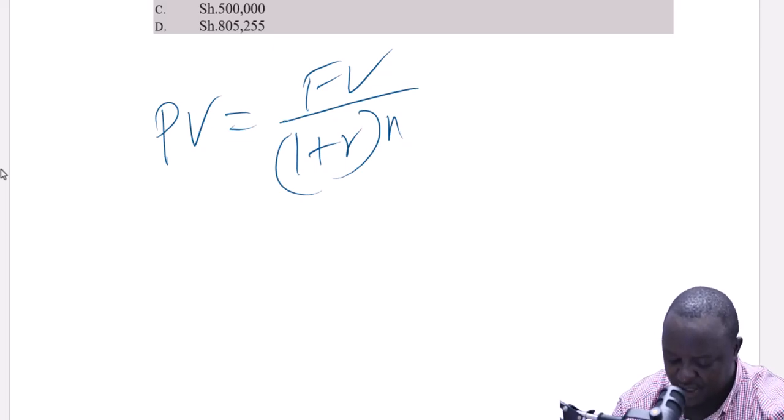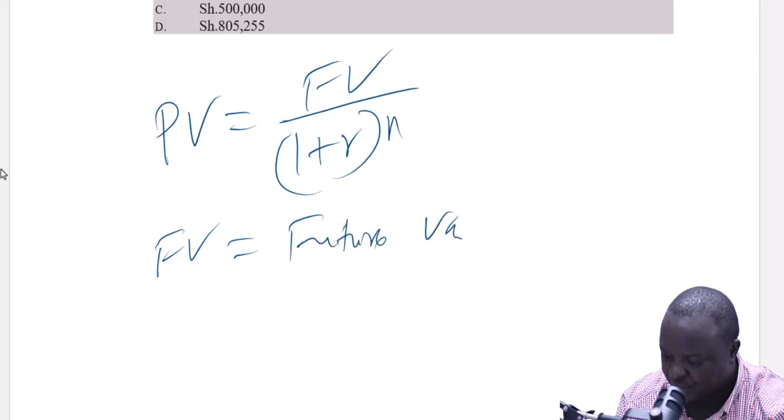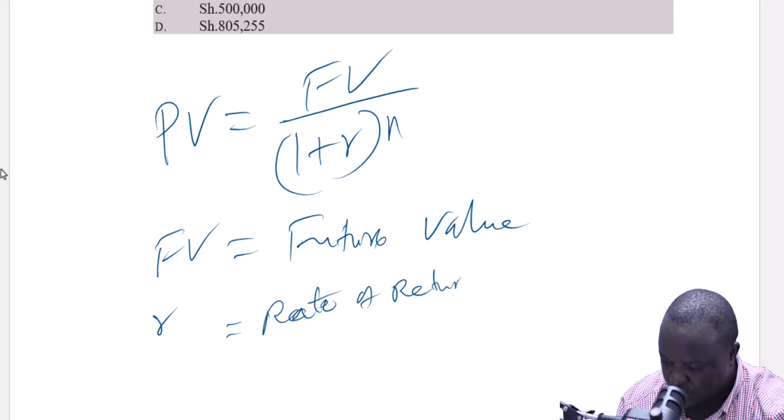That means that F stands for future value, whereas R is the required rate of return, and N is the time period.